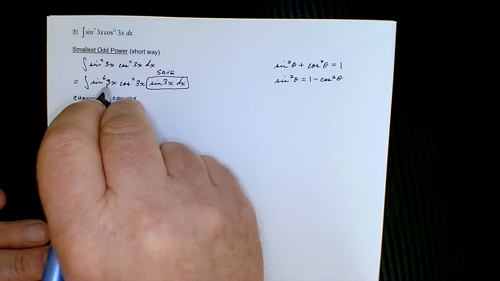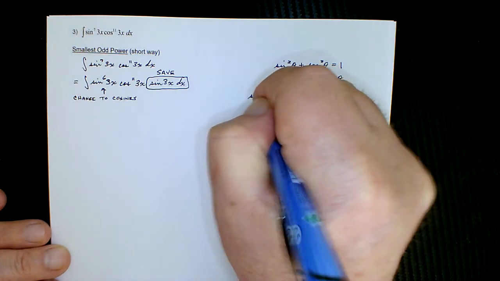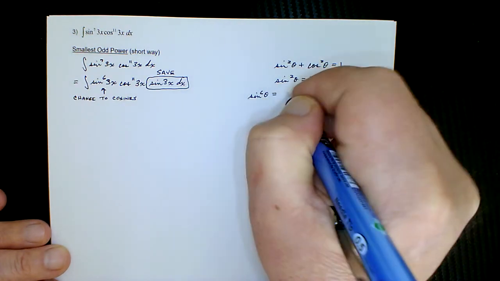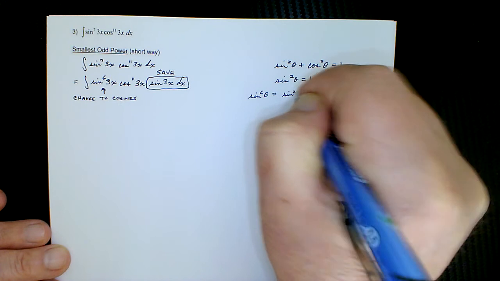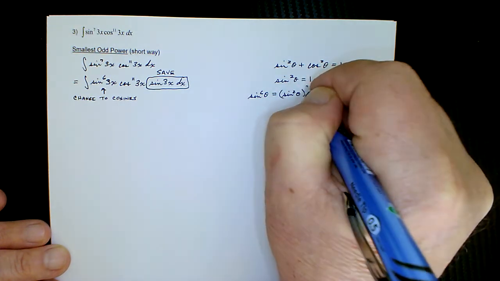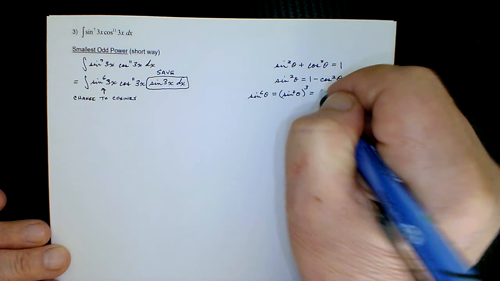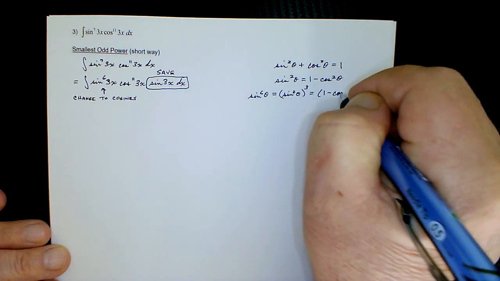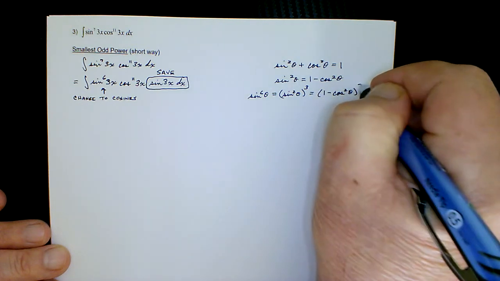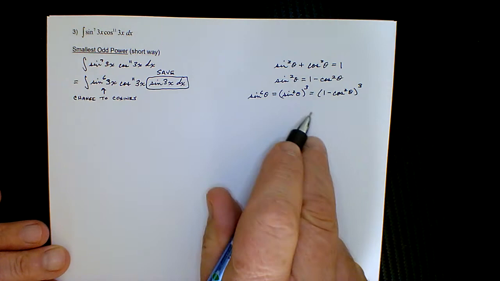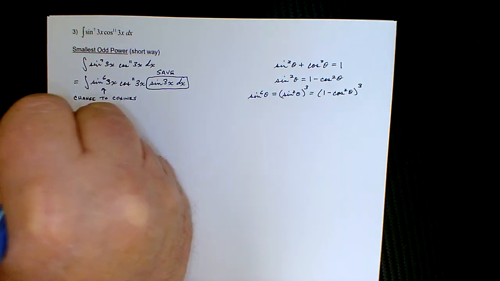But if I want sine to the 6th, that can be accomplished by taking sine squared and cubing it, because we are multiplying the exponents. So that's equivalent to taking 1 minus cosine squared and cubing it. So that's our plan.